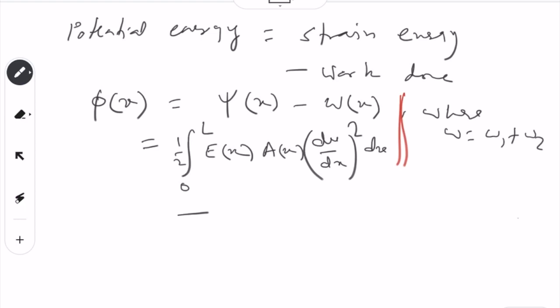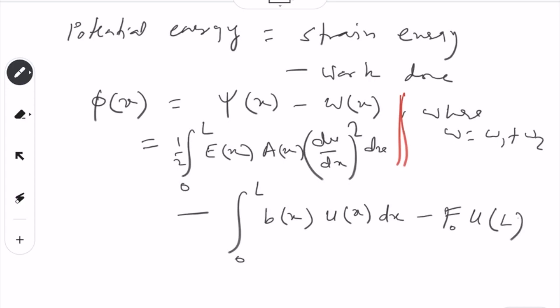W1 is the integral from 0 to L of B x, the force per unit length, multiplied by u x, dx. And then W2 will be F naught multiplied by U at x equal to L. So this is what the potential energy is.